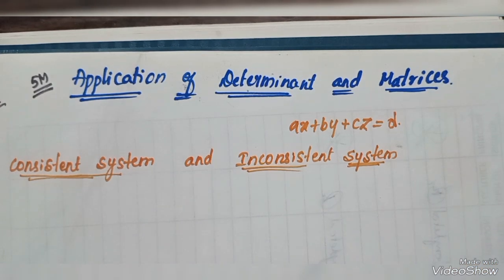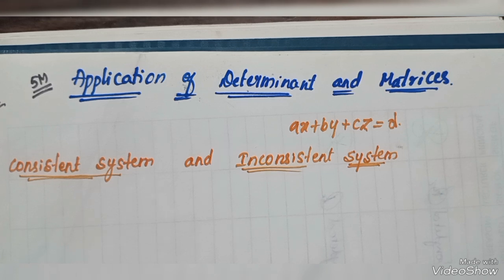A system of equations is said to be consistent if one or more solutions exist.